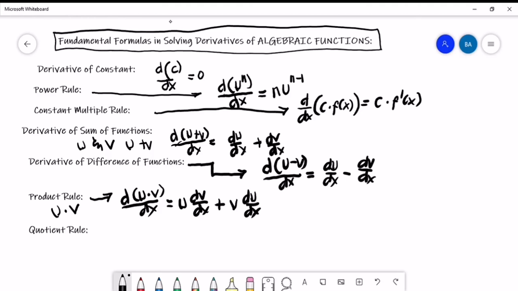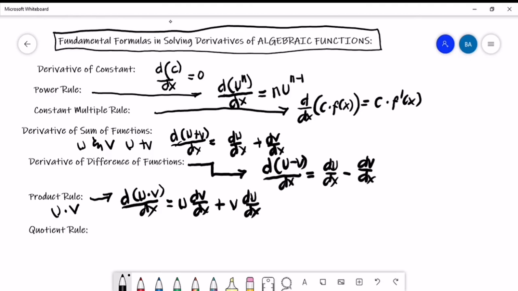So if we have u times v, all we need to do is copy the u and multiply it to the first derivative of v with respect to x, plus copy the v and multiply it to the derivative of u with respect to x.